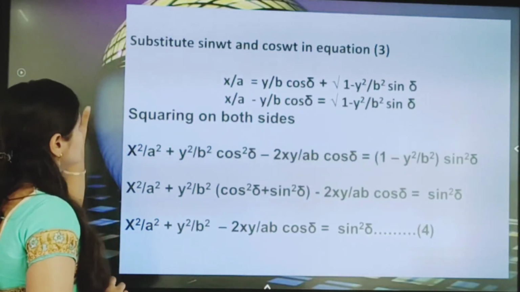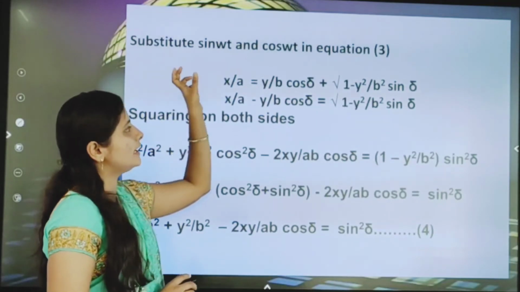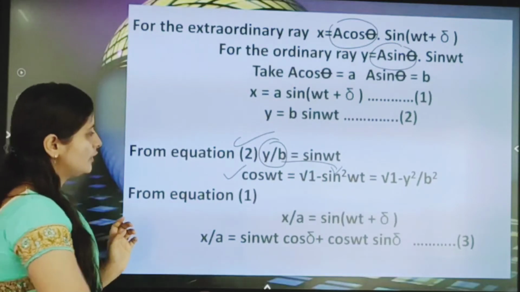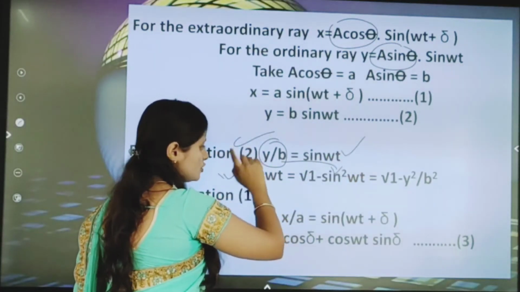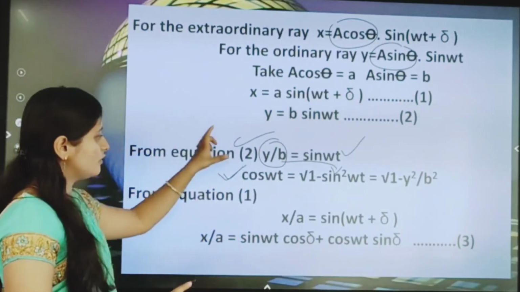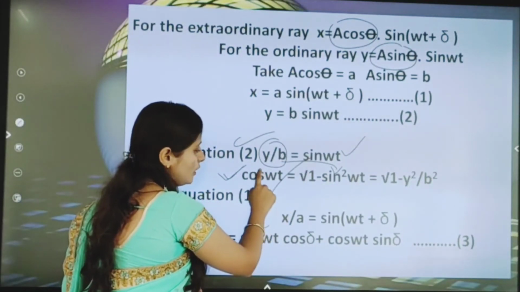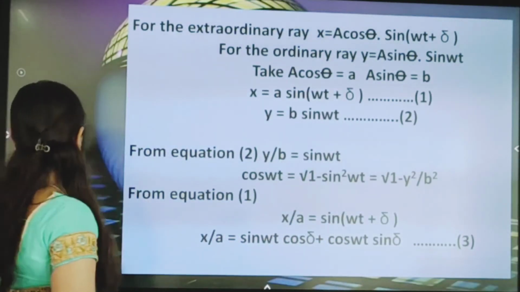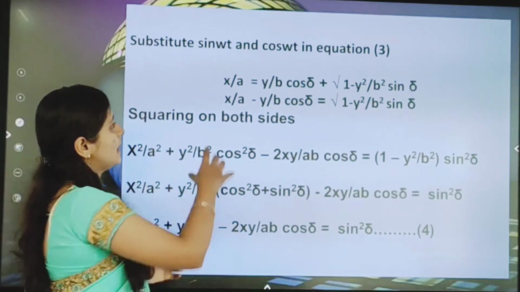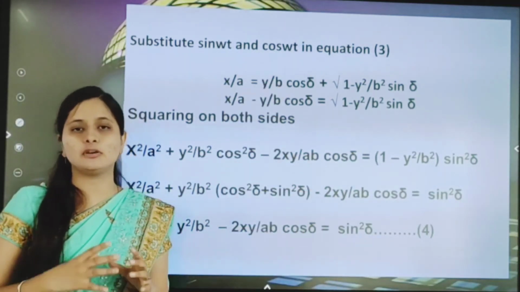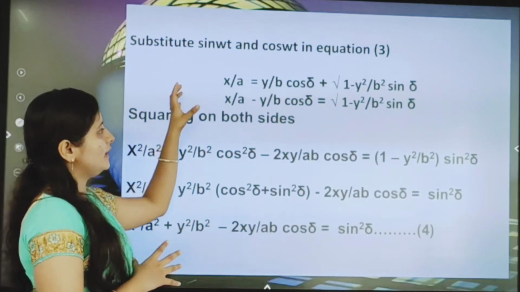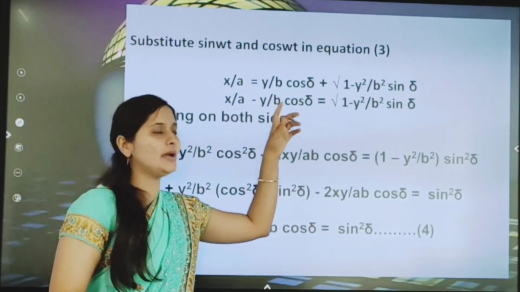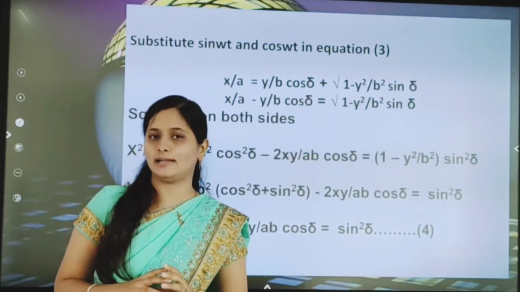Next, substituting sin omega t and cos omega t in equation number 3, we get x by a equal to y by b into cos delta plus square root of 1 minus y square by b square into sin delta.